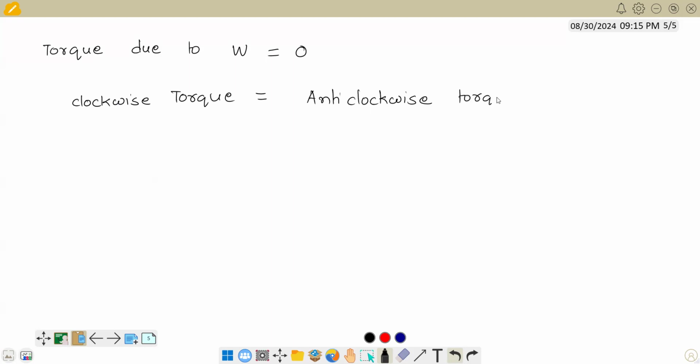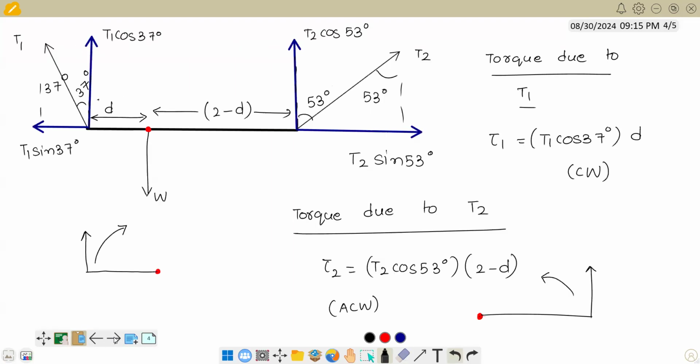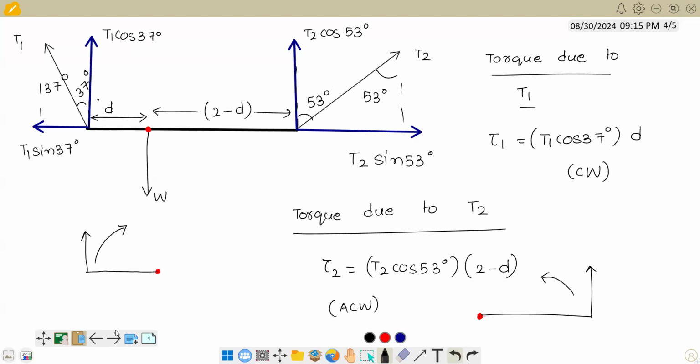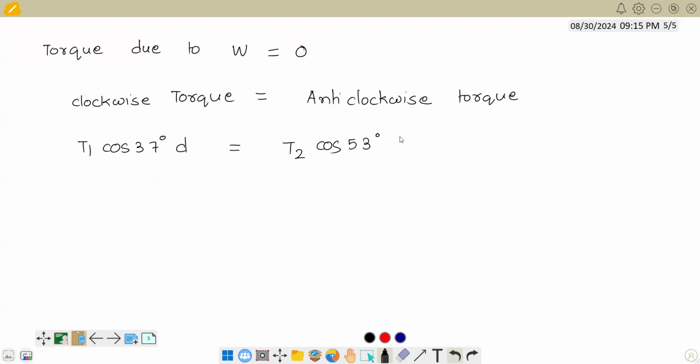So based on that, our clockwise torque would become T1 cos 37 degree into D equals T2 cos 53 degree into 2 minus D. So T1 into cos 37 degree, which is 4 by 5, into D equals T2 into cos 53 degrees, which is 3 by 5, into 2 minus D. I will cancel these two.